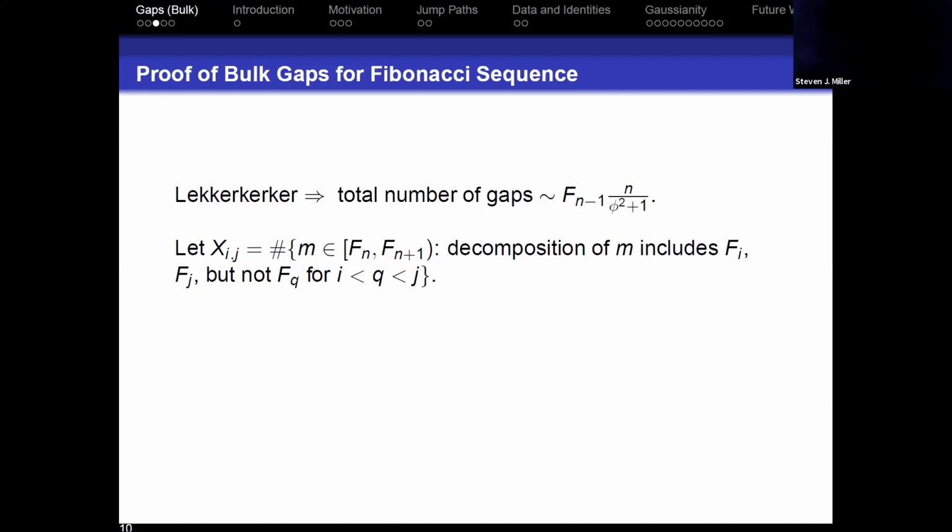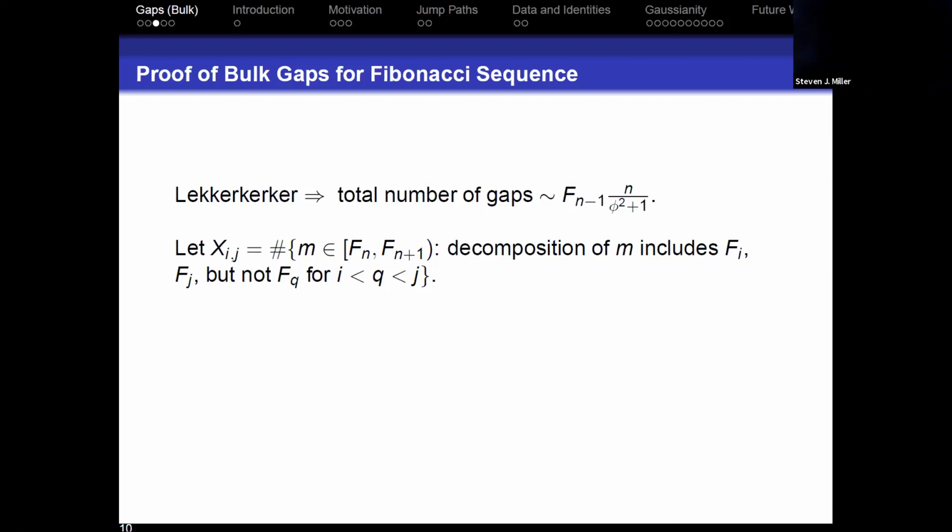So Xij is going to denote the following. There really should be an n on this to tell us that this comes from looking at the interval Fn to Fn plus 1. But I want to minimize the number of indices and minimize just how involved the symbols look. So we often do this in mathematics. When something is fixed and clear from context, we often suppress it just to focus on the things that are really changing.